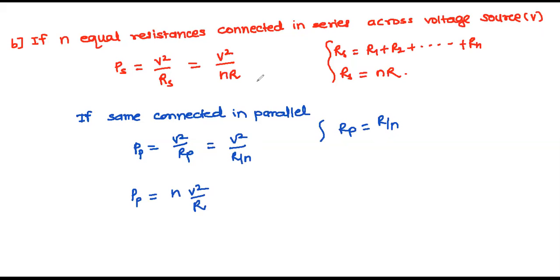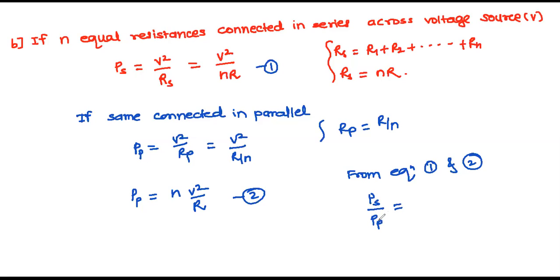Got it? Suppose this is equation 1 and this is equation number 2. Then see here, from equations 1 and 2, PS divided by PP, that is power in series combination divided by power in parallel combination. Just divide this: V square by NR divided by N V square by R. This R and this R will get cancelled. This V square and this V square will get cancelled.